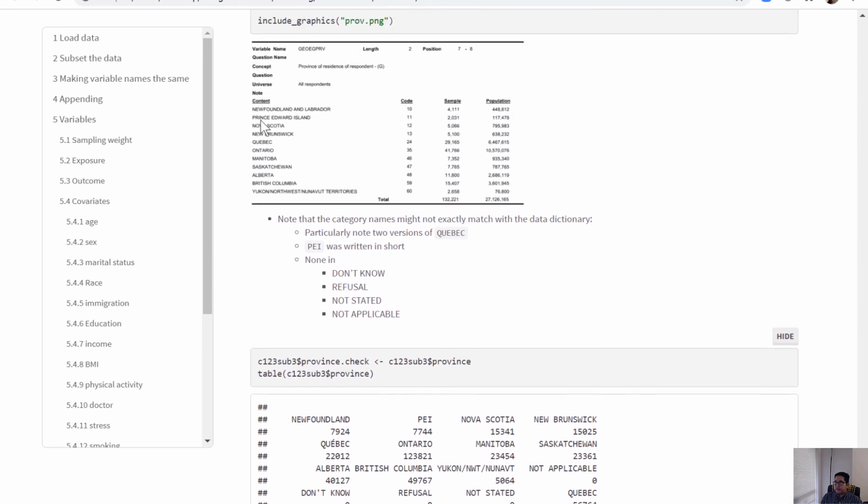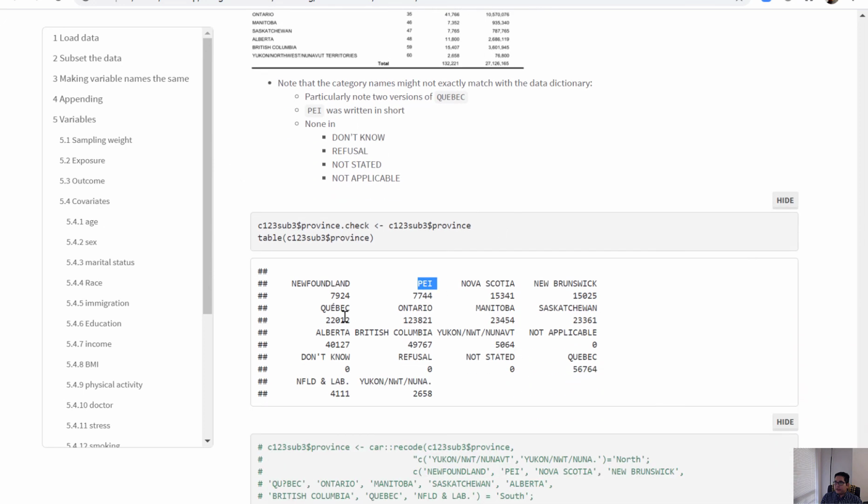See, Prince Edward Island, but here it is written PEI. There is only one Quebec in the dictionary, but here you can see one Quebec and there should be another Quebec here. See the slight difference in this.